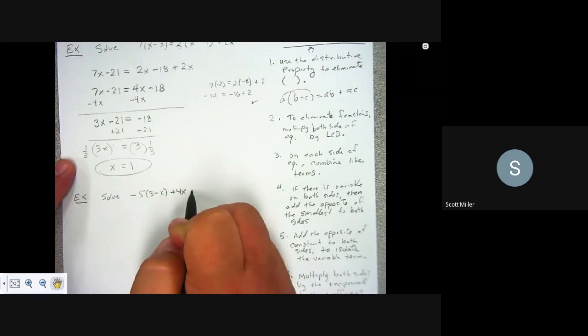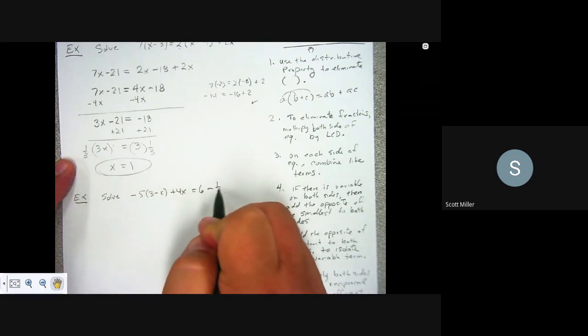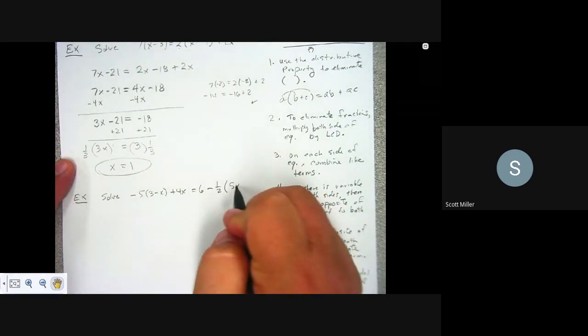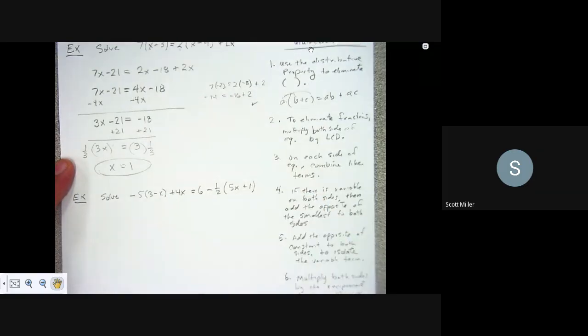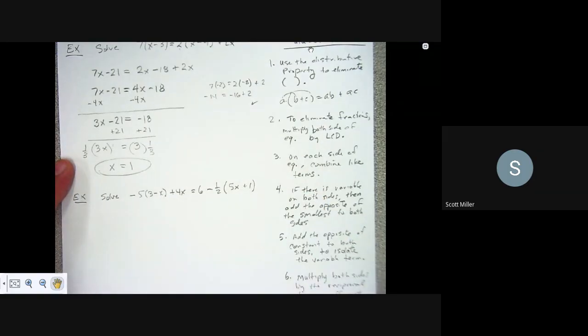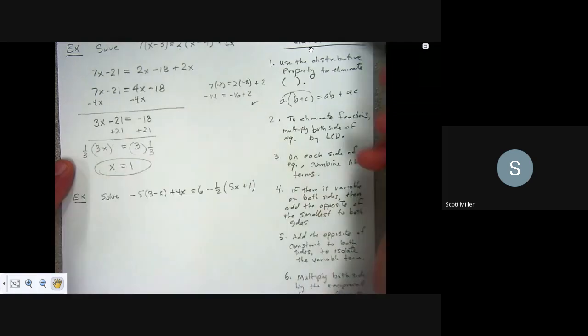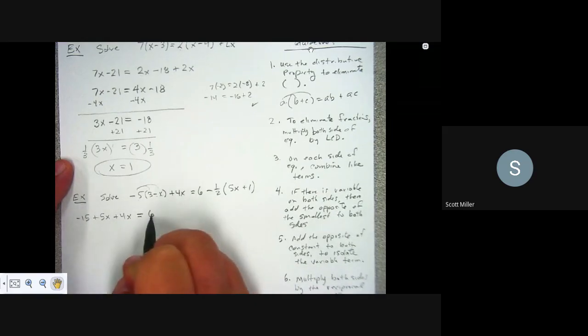It's 4x, and it's 6 minus 1/2, 5x plus 1. So following this process, if I have parentheses, I want to eliminate them using the distributive property. So take your time, draw these little lines to help you organize your thought process for each one. -5 times 3, -15. -5 times a -x is a positive 5x, plus 4x equals 6.